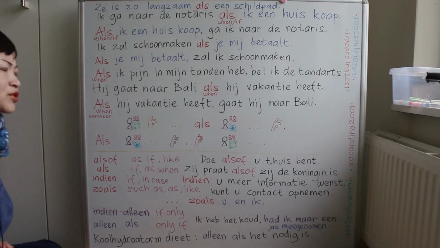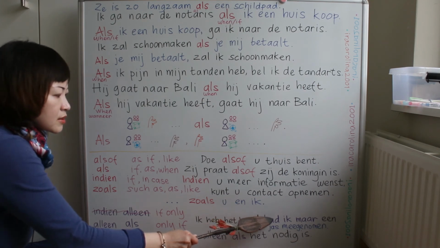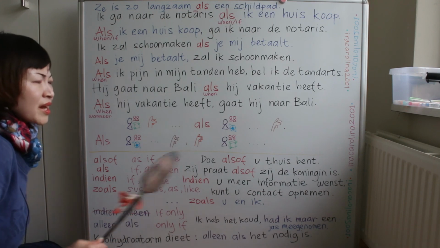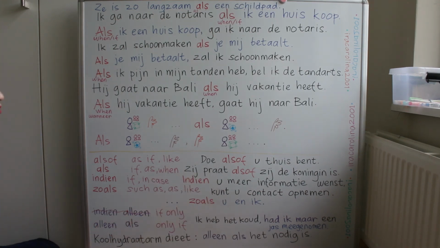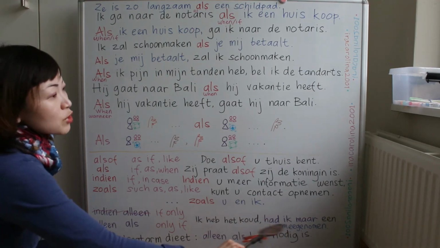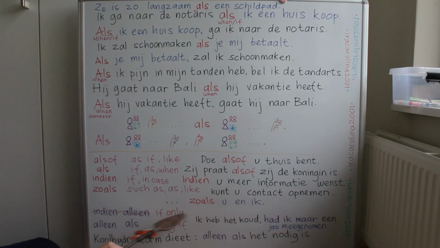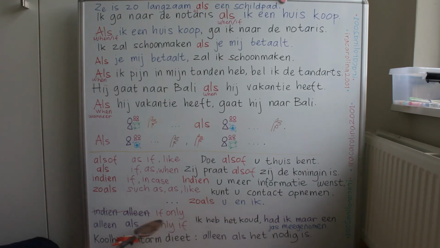If you translate it word by word, had I but, yeah, that's how it works word by word. But these three words are often being used to say if only. So not this one, but these three words to say if only.